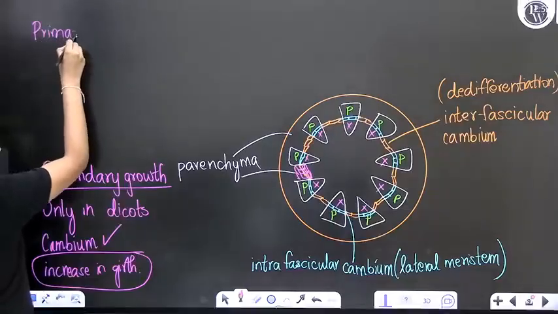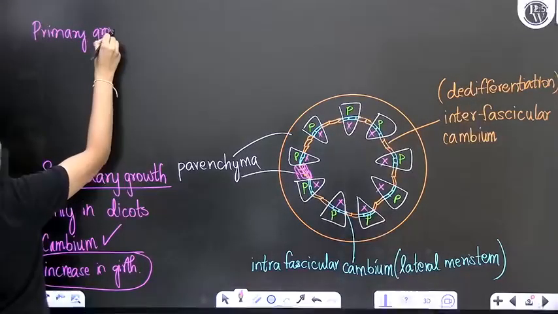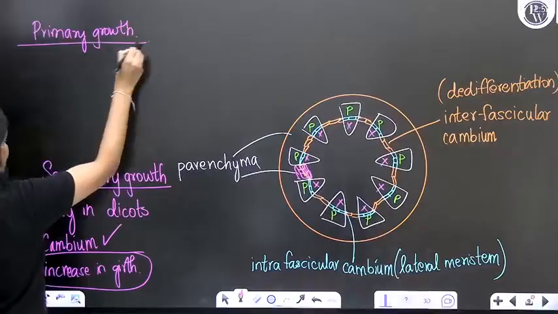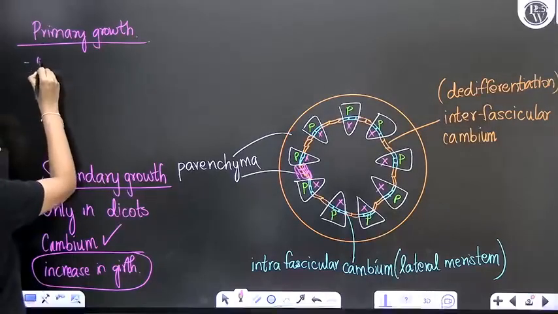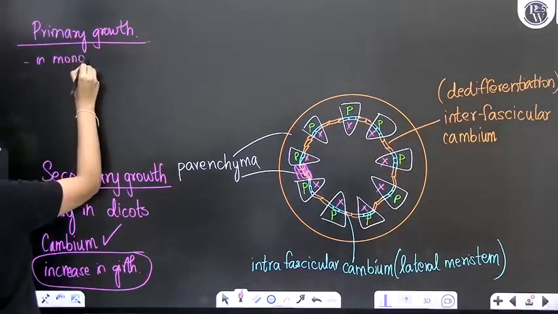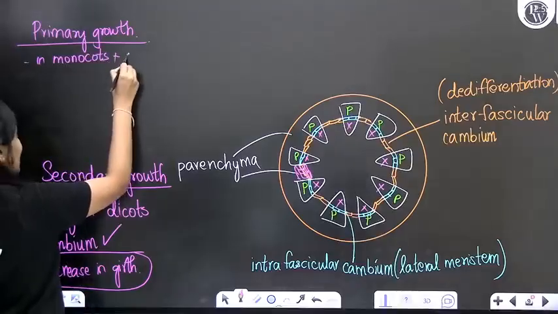Primary growth will occur in monocots as well as dicots.